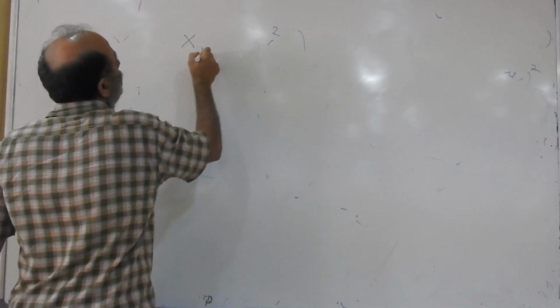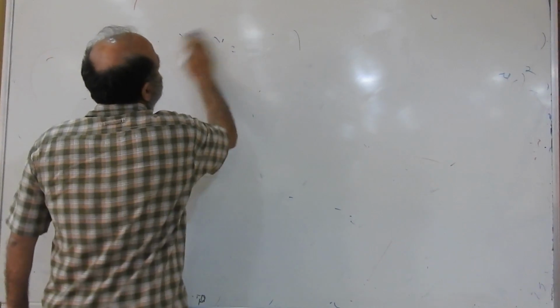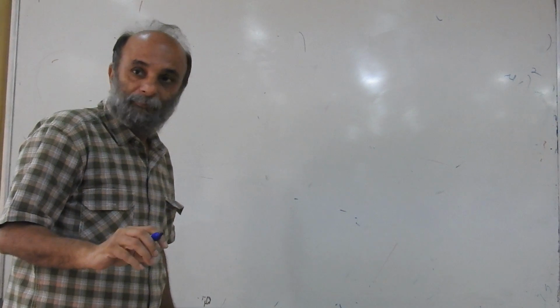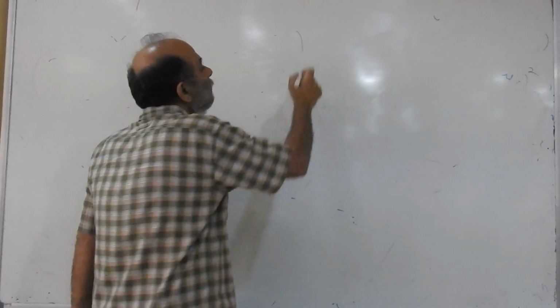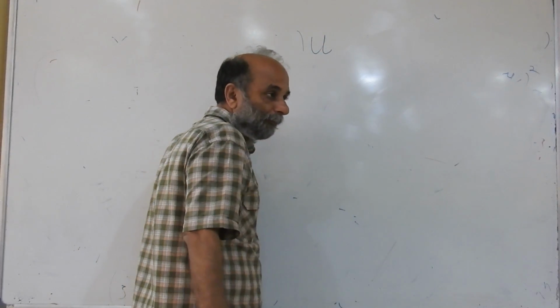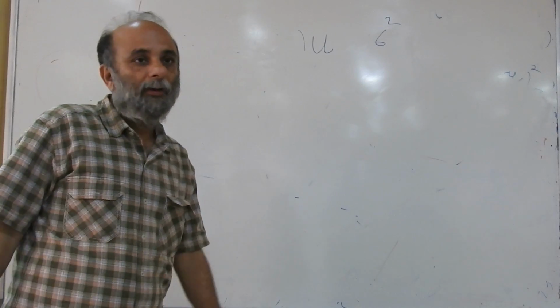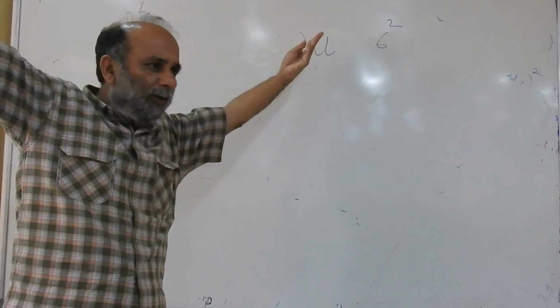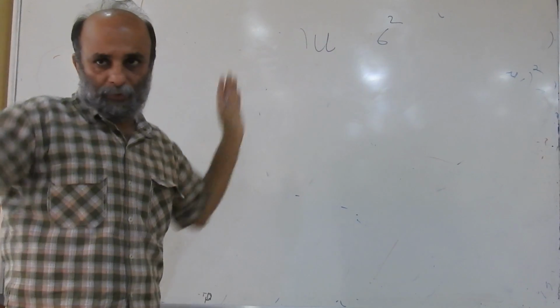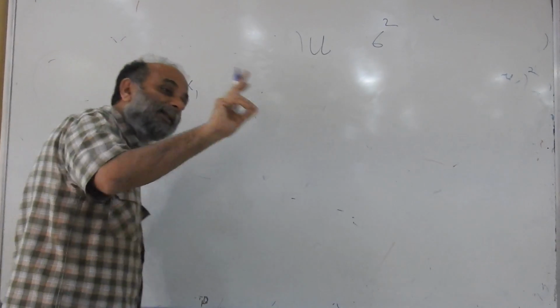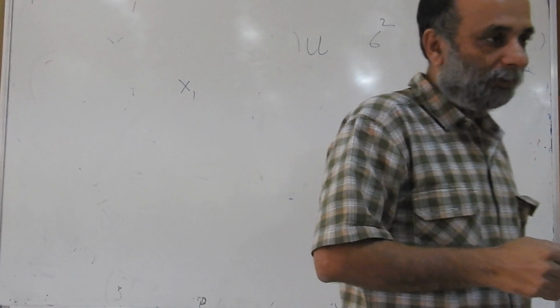Think of a population which has some distribution. Suppose that the mean is mu and the variance is sigma square. I am not saying what its distribution is. Think of x1 as one random sample from this population.